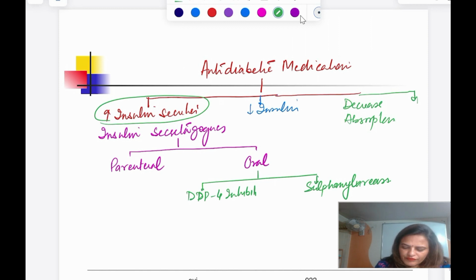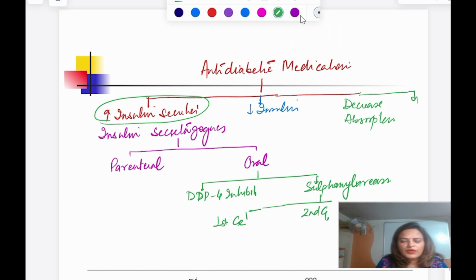Sulfonylureas are further of two types, first generation and second generation.